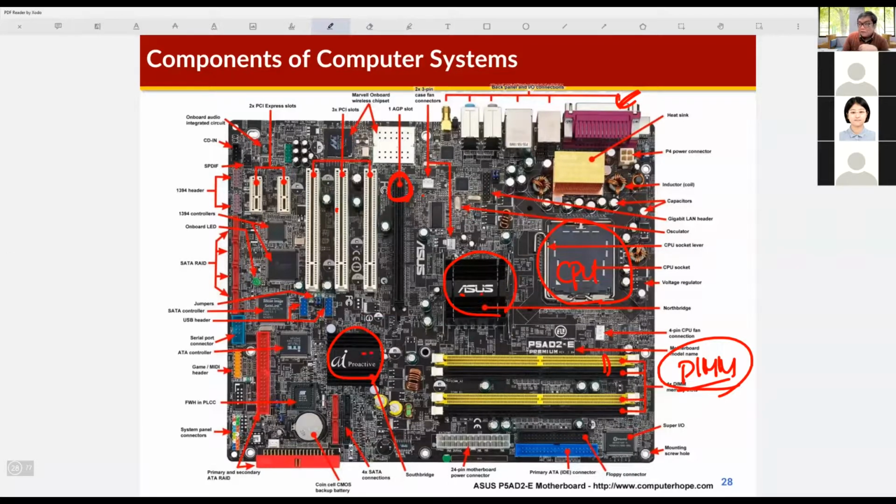Because this board is an old generation board, you can find two chipsets in this figure. This chipset is called the North Bridge, and this chipset is called the South Bridge. Through these chipsets, peripherals of computer systems are connected to the CPU.